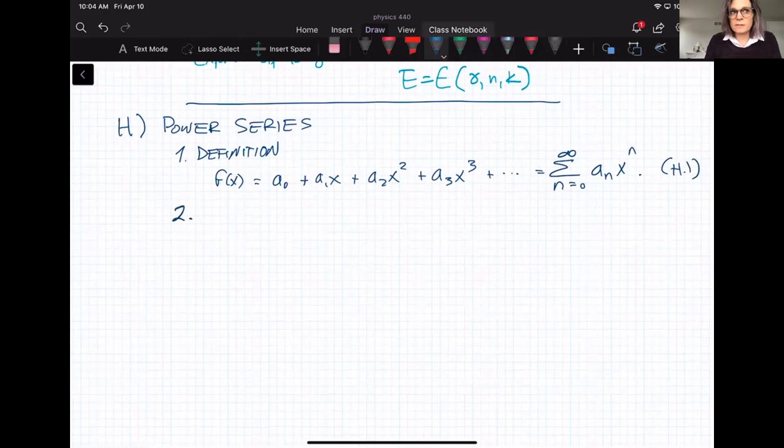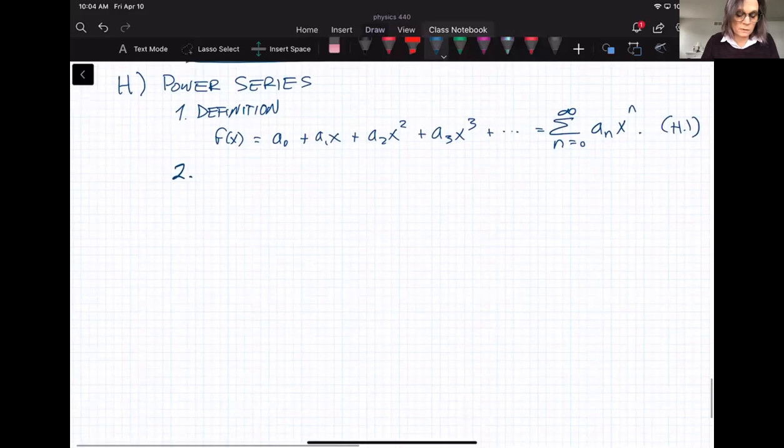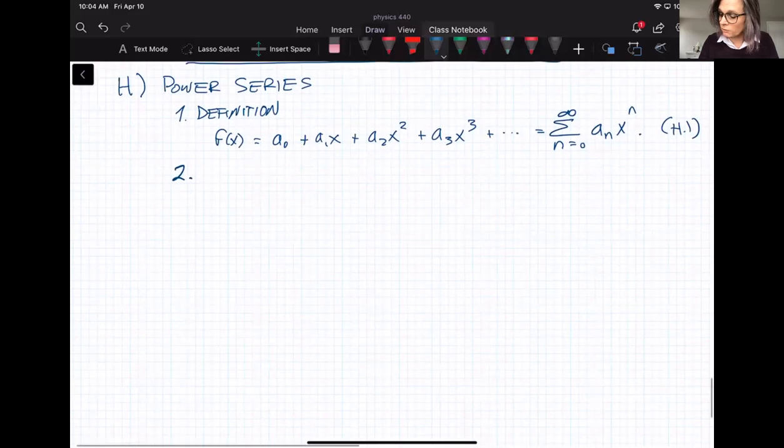So this is in some ways not that much different from what we've seen before. What's important now is how we use this.